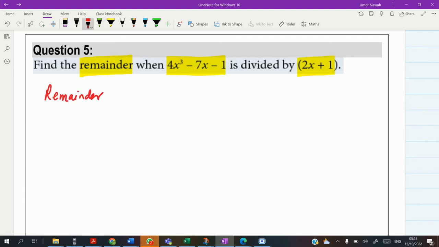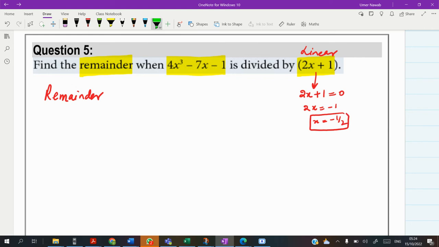The remainder theorem is used when you see a polynomial divided by a linear polynomial. So from the linear expression, we try to get our critical point by putting that linear expression equal to 0. So we got the value of x as minus 1 over 2.